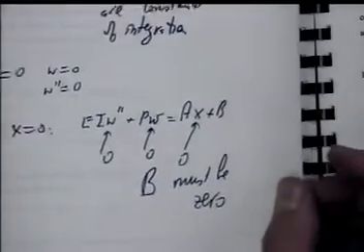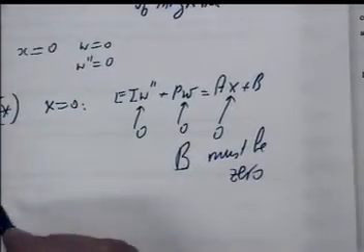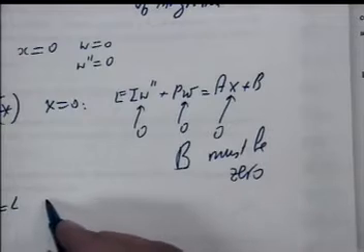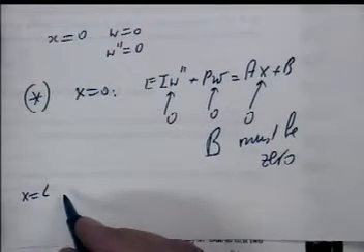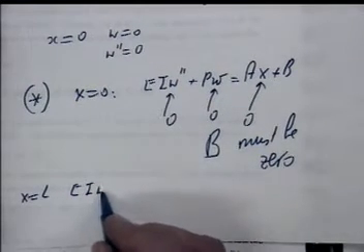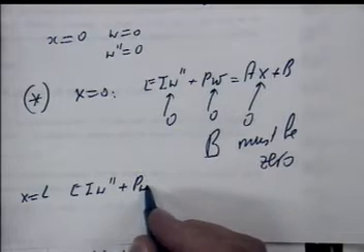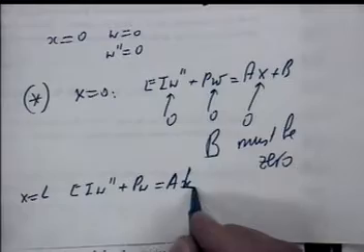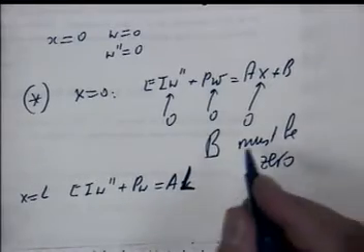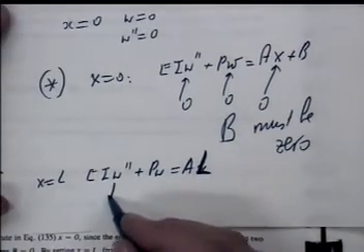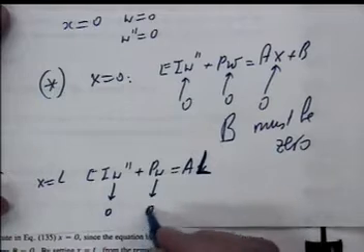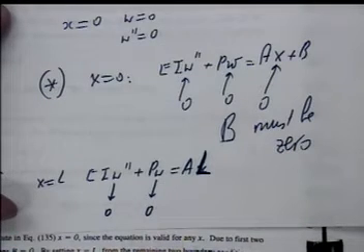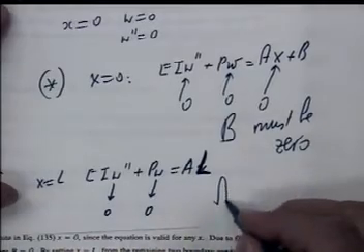Now let us write at x equals L. We have the same equation. We write the entire differential equation: EI W second derivative plus P W equals AL. B is 0 already, and this is 0 and this is 0. So what do we get about A? A is 0.